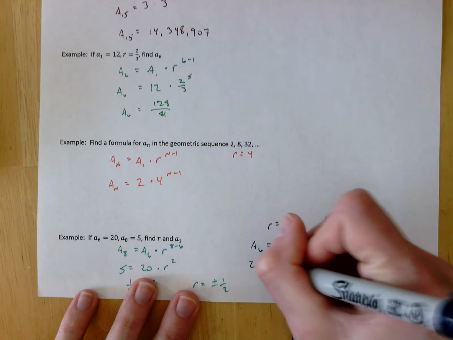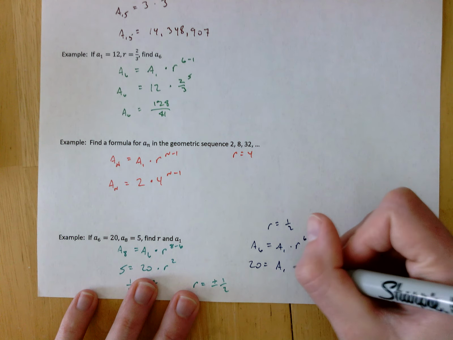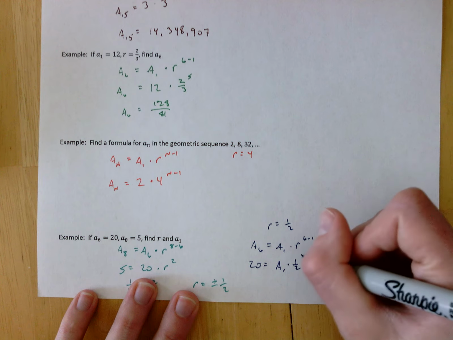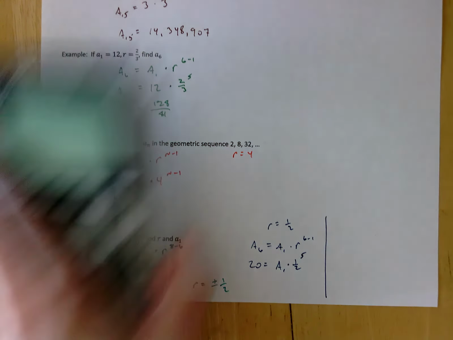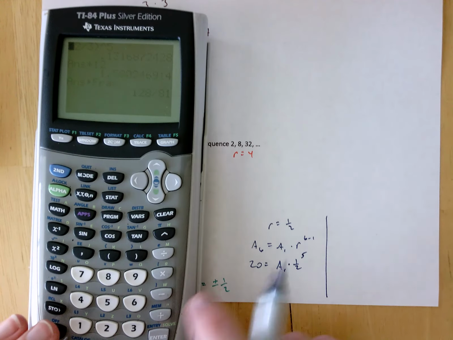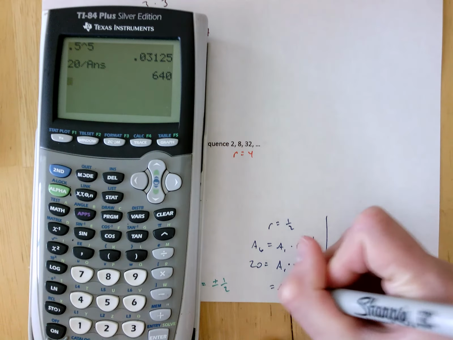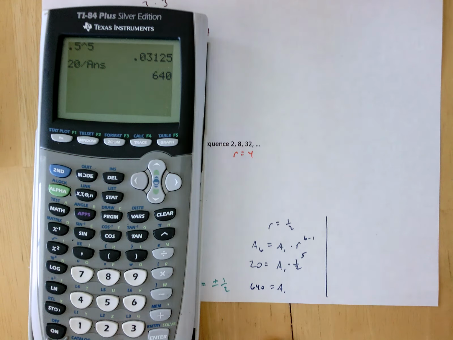So I know this is 20. I don't know what a sub 1 is. I'm using a common ratio of a half, right? And raising it to the 5th power. So solving this really quick, 1/2 to the 5th power, and then I'm doing 20 divided by that answer is 640. So a sub 1 would be 640.